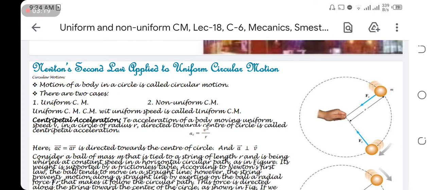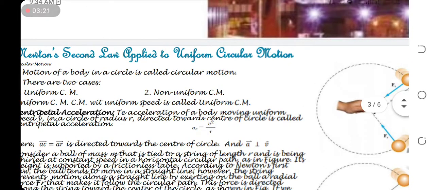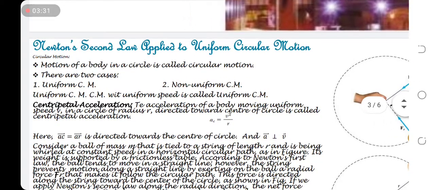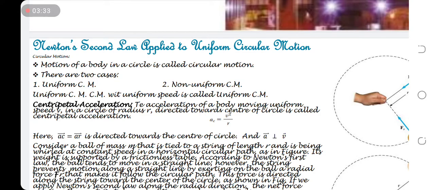So circular motion: the motion of a body in a circle or a curved path is called circular motion. There are two cases for circular motion. One is uniform circular motion, another is non-uniform circular motion.